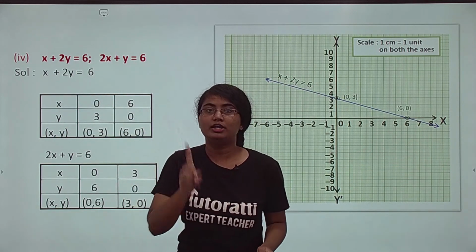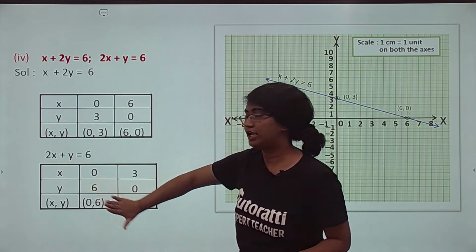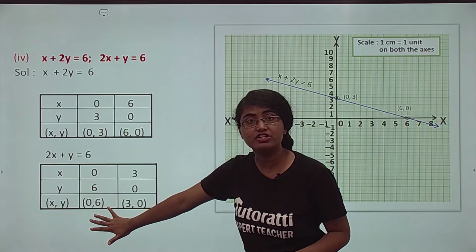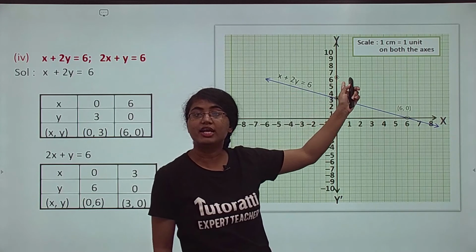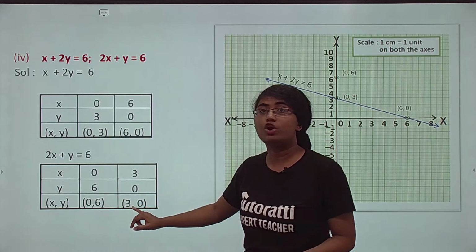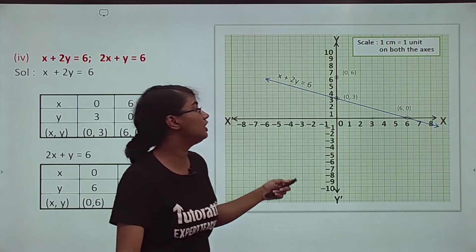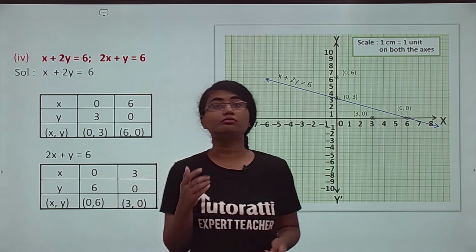Okay, one table at a time. It reduces confusion. Okay, second table. Second table का first point 0,6. 0,6 is obviously on the y-axis again. Write down the coordinates. Second point 3,0. 3,0 will be on the x-axis. Write down its coordinates. Again, graph concept.